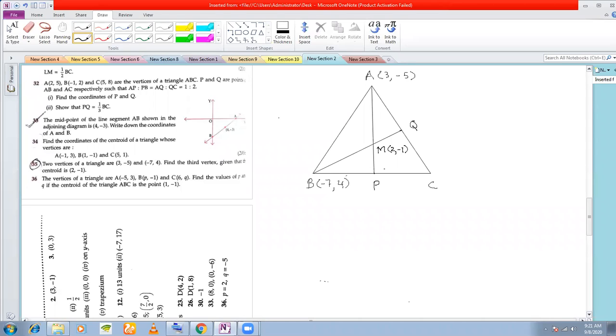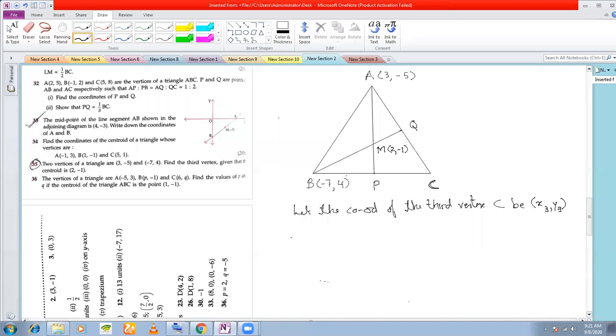You need to find the coordinates of the third vertex C. So I start by saying let the coordinates of the third vertex C be, say, x3, y3.